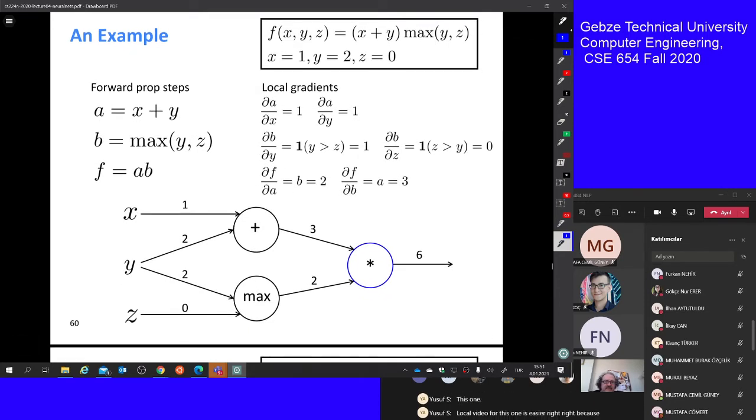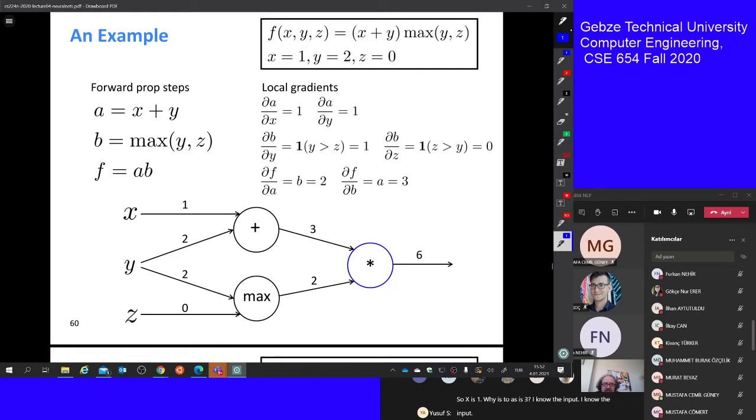Because if I take the derivative of f with respect to A, then B will stay, and derivative of f with respect to B is A. So I can calculate all these derivatives because I know x is 1, y is 2, and z is 3. I know the input.